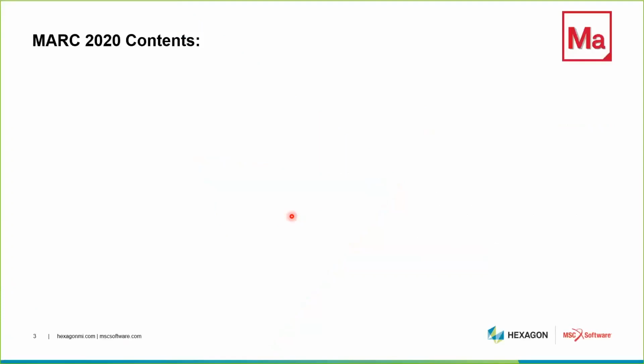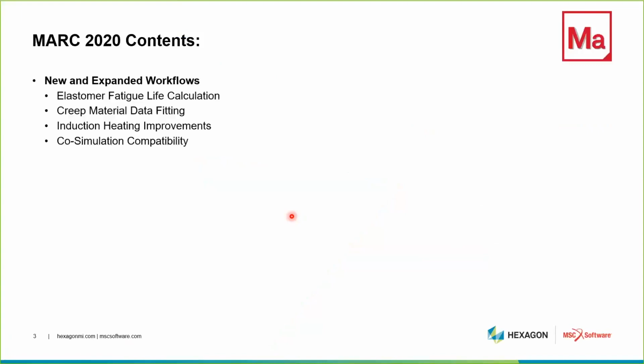We'll talk briefly about what we're going to talk about in more detail in just a minute. We'll start off with some of the new and expanded workflows. The first one's actually going to probably come as a bit of a surprise to some people who may have looked at the beta webinar, though I did tease it. We'll cover an elastomer fatigue life calculation that we have put into Marc.